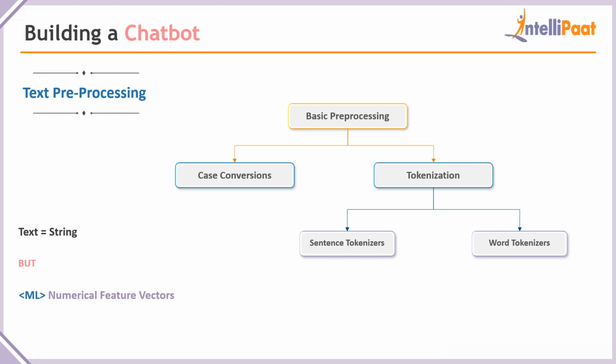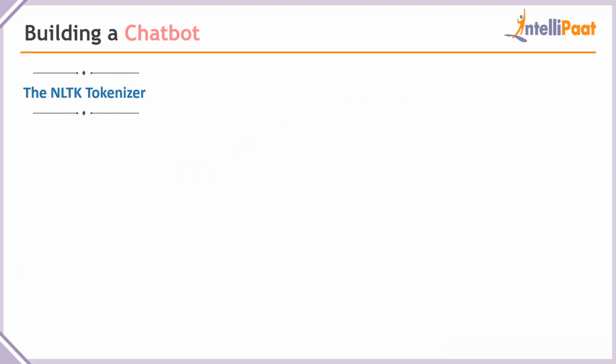And when we talk about tokenization, as I just said, you'll be breaking down your sentences and words into a list. That's basically sentence tokenizers and word tokenizers. With sentence tokenizers, each of your sentences will be broken down into singular entities. With word tokenizers, each of your words is broken down into structured entities called tokens, and these form the input.